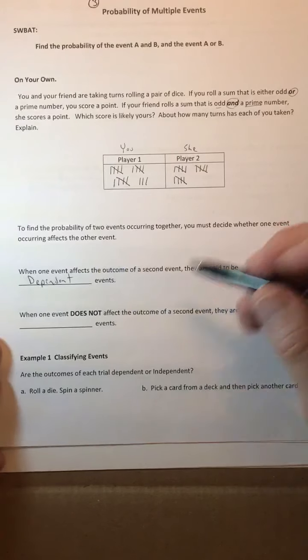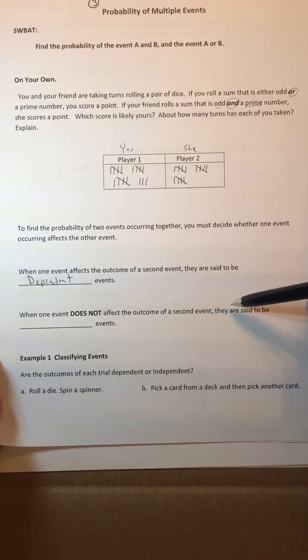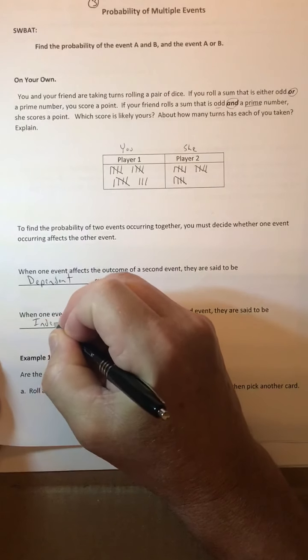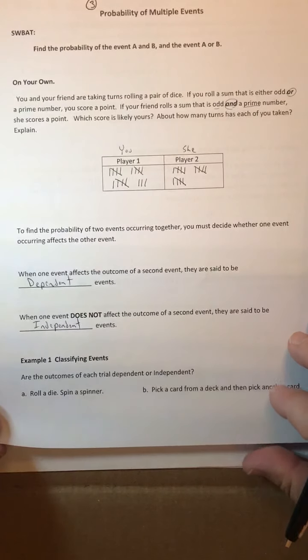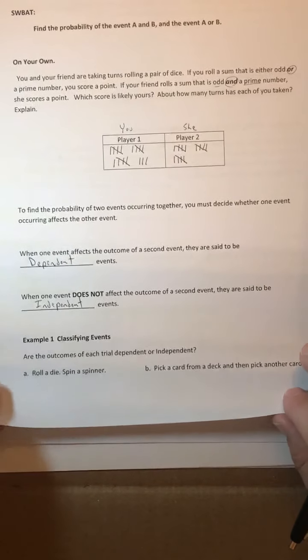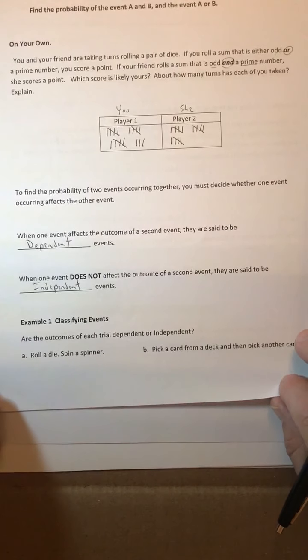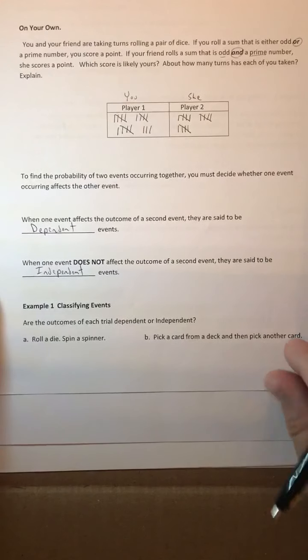When one event does not affect the outcome of the second event, they are said to be independent. So you have to know the difference between being dependent or independent. That's going to affect your answers and what you're actually going to do.